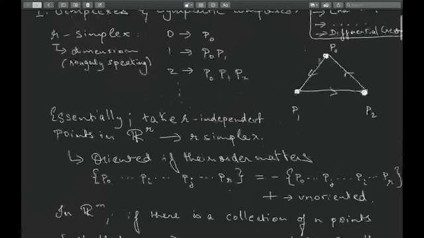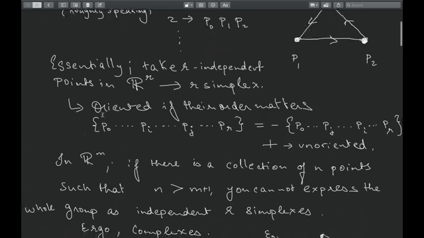Essentially, the simplex is nothing but a collection of points. It is a set, and it can be represented as elements of a set, something that looks like this: P0, P1, P2. If it is oriented, then if you interchange two elements of the set, it changes the sign.